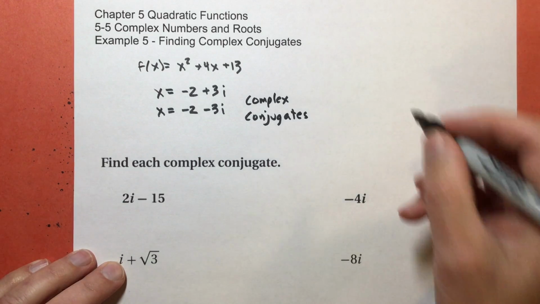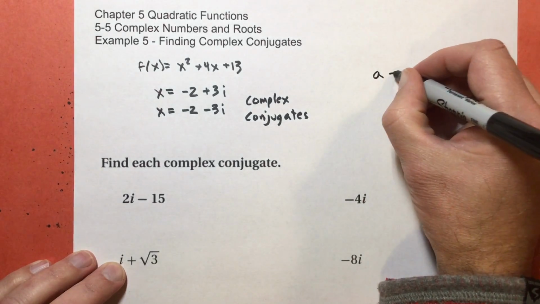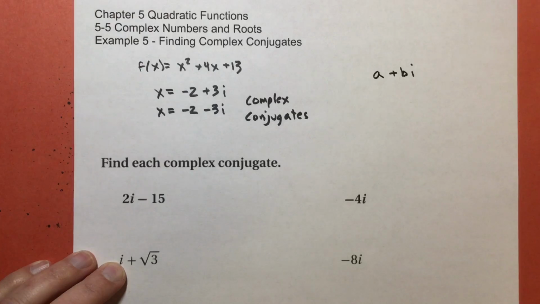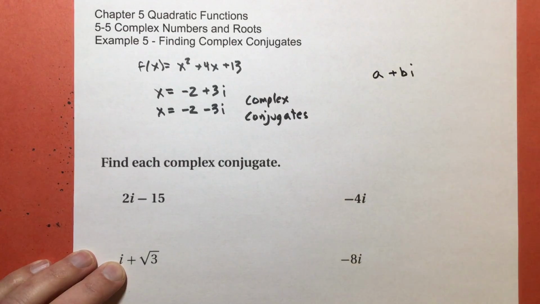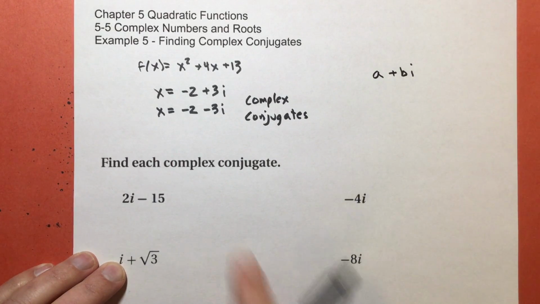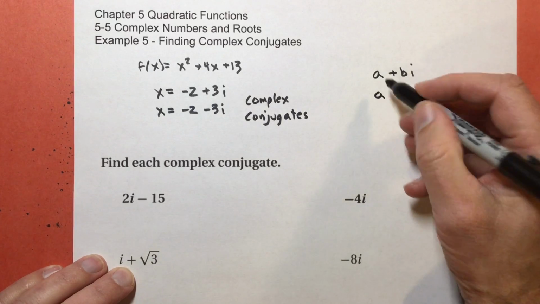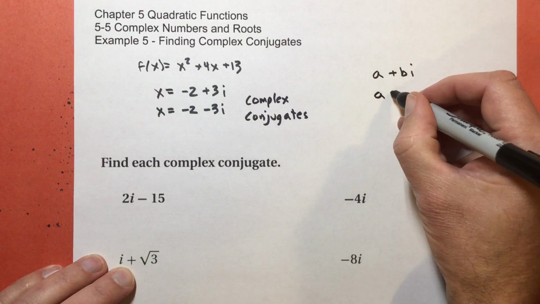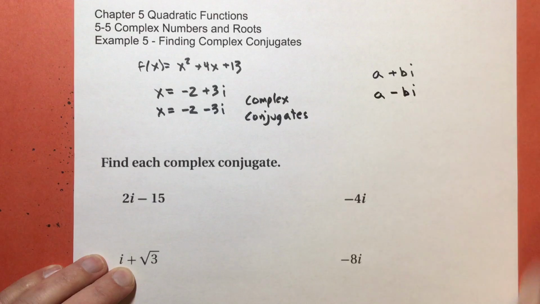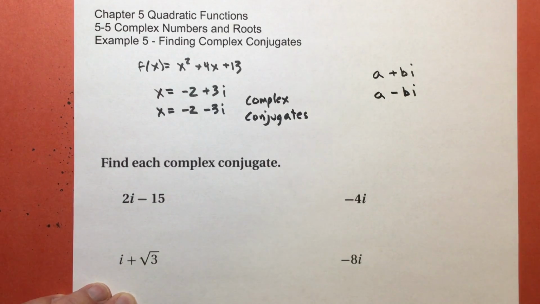So here's what the complex conjugates are. Here's a complex number, whatever a plus bi is. So a and b are just numbers, all right? So like negative 2 plus 3i. The complex conjugate, the a stays the same, so the real component stays the same, but the imaginary component becomes its opposite.